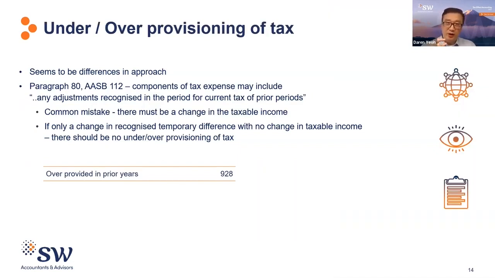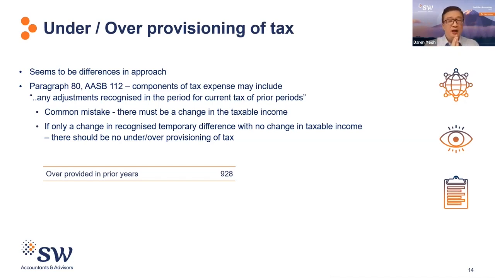Now, the next component of income tax expense is your under and over provisioning of tax. And there seems to be different treatment in practice. Put simply, your under and over provision is basically a change in your current tax expense between the time where you perform your tax provision calculations and when you prepare your tax return calculation. There must be a change in taxable income between those two calculations.